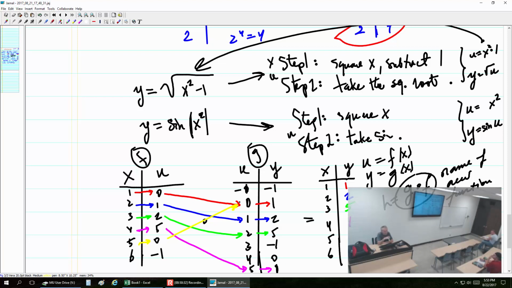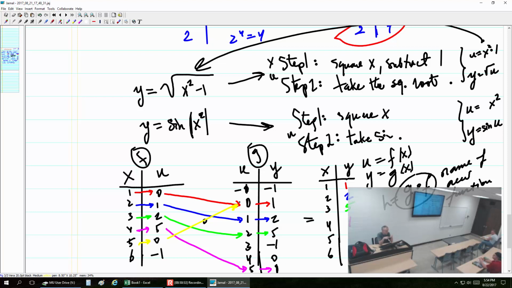Remember what property it's related to? Or what property is violated here? Because they have the same output, it's not a function. No, it is a function. If you're thinking backwards, then you are not allowed to have this. But this is okay.